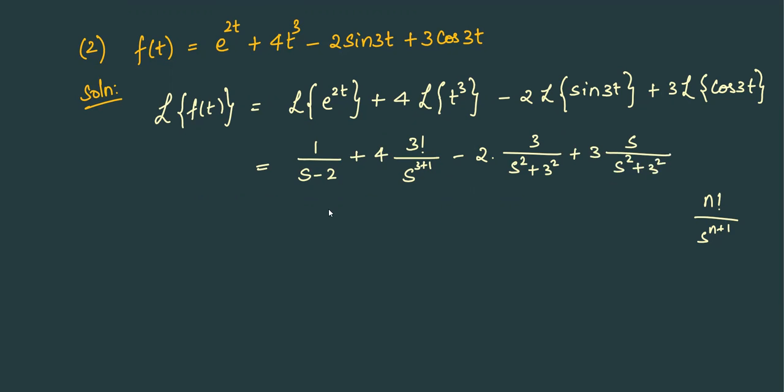Now let us simplify this. This is s power 4. So we have 1 by s minus 2 plus 6 fours, 24 by s power 4, and we can take 3 common here: 3 times s minus 2 upon s square plus 9.